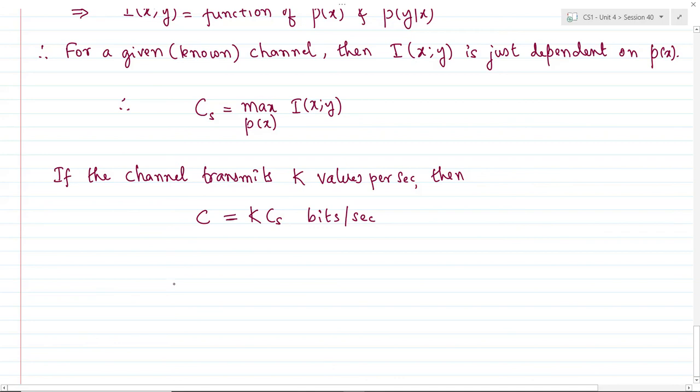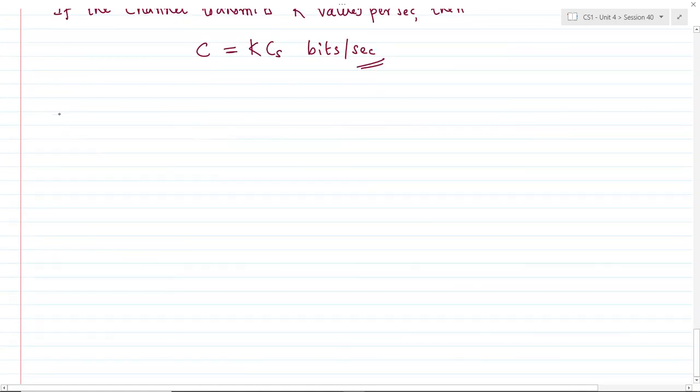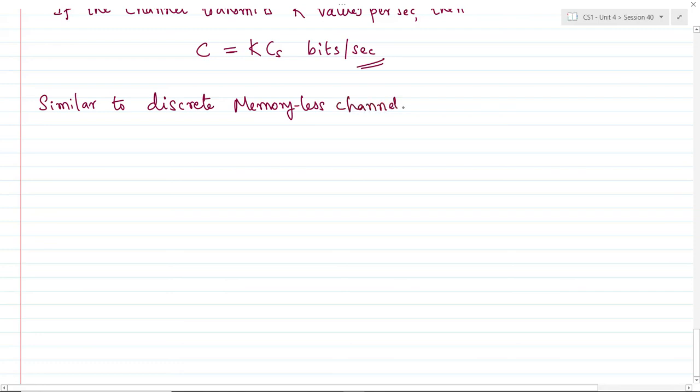Okay, very similar to the case with the discrete memoryless channel, the mutual information is symmetric.